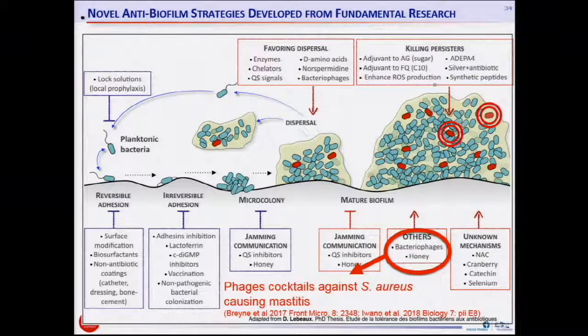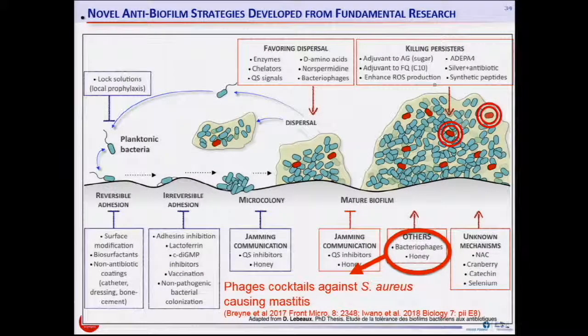And one thing that is super important, and that you will face, and probably one of the sexiest ways, I would say, to kill biofilm and cure infections now, is phage. Phage were for a long time completely removed from the market because of antibiotics.